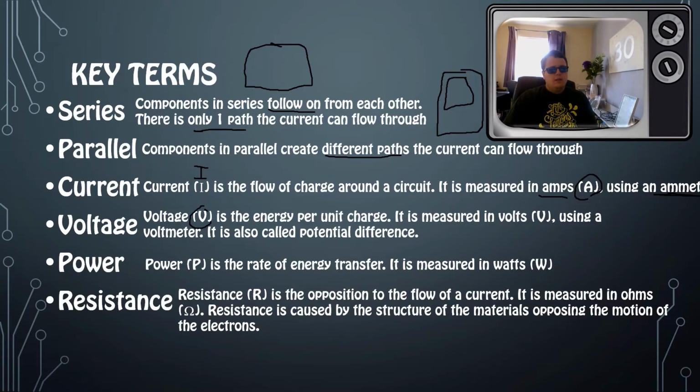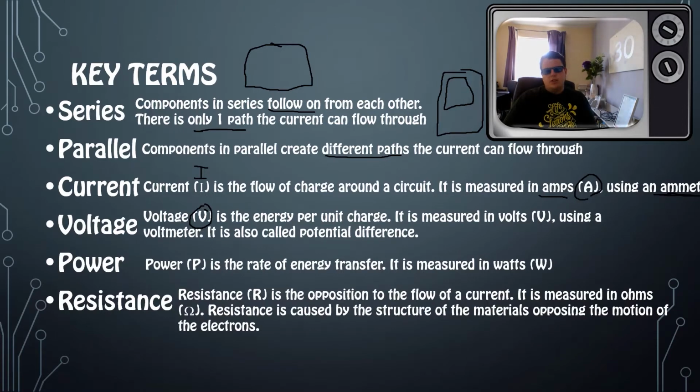Voltage, which has the letter V when we use it in symbols, is our energy per unit charge. The way I always like to think about this is current is basically how quickly our electricity flows around a circuit. It's a poor model, which is why it's better not to think about it this way. Whereas voltage is sort of how much push it has as it gets around.